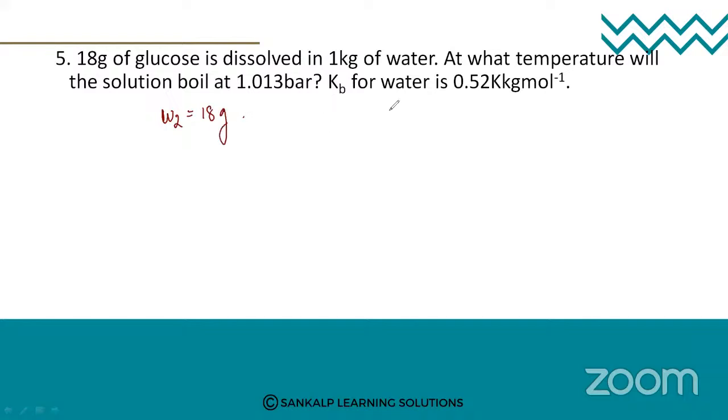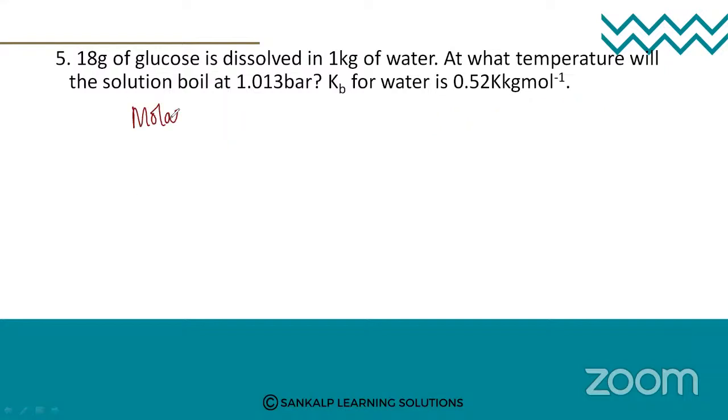It is dissolved in 1 kg of water, so the mass of the solvent is 1 kg of water. At what temperature will the solution boil at 1.013 bar? Kb is given.